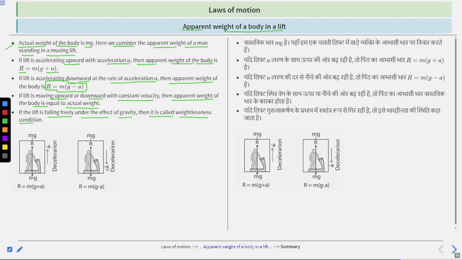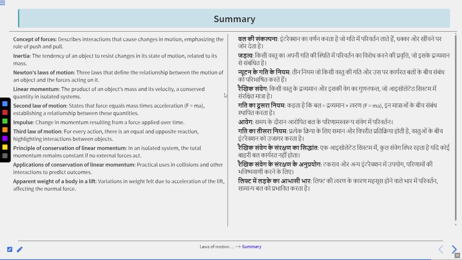Next is the summary. So we learned, first, the concept of forces, which describes interactions that cause change in motion, emphasizing the role of push and pull.